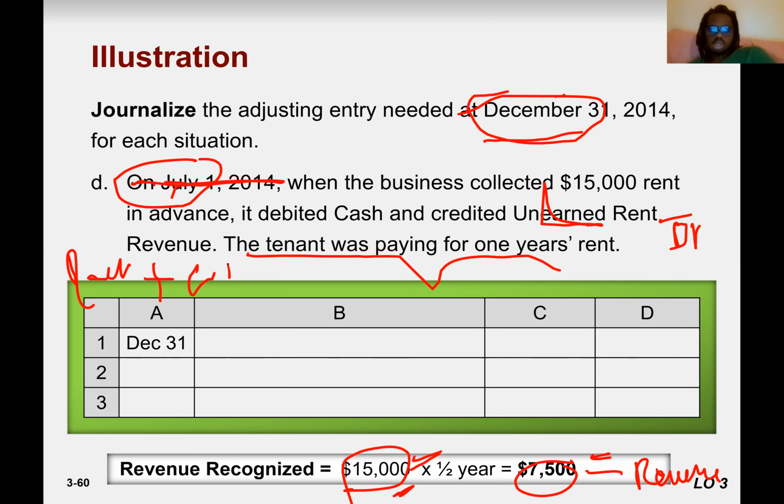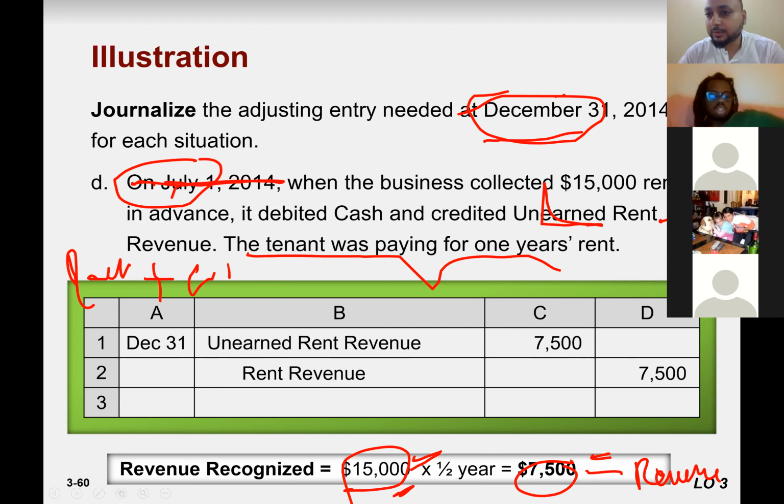Now it's the time, on 31st of December, we can claim that we have revenue. Before that, it was our liability. So what would be the entry? Unearned rent revenue to rent revenue, 7,500.